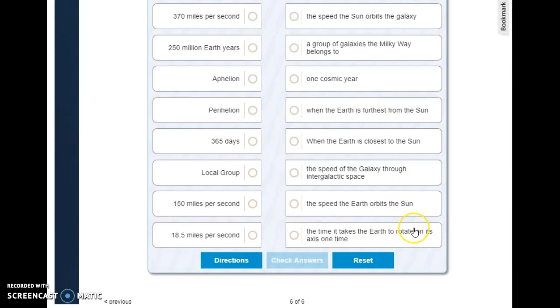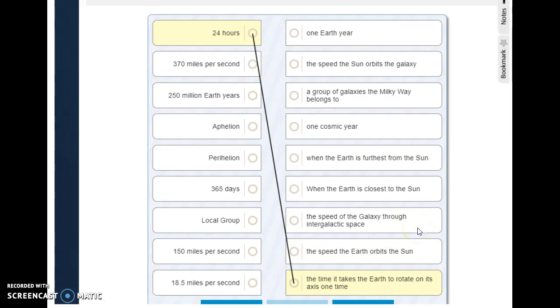All right, let's see. Time it takes the Earth to rotate on its axis when we're talking about 24 hours, right? 370 miles per second.